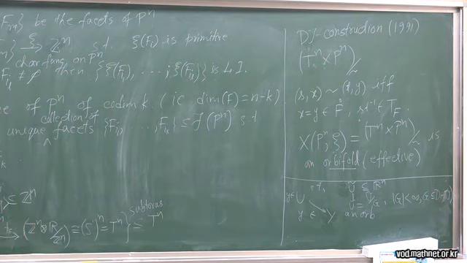So what it is saying is locally it looks like the finite quotient of some open subset of Rn.